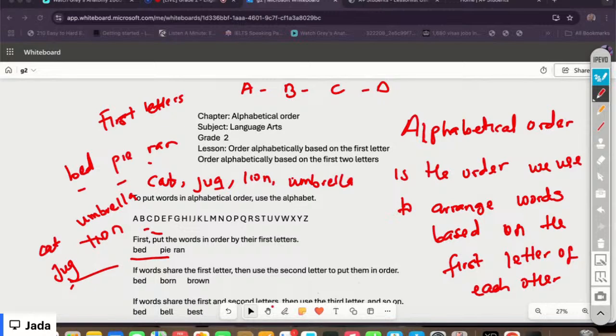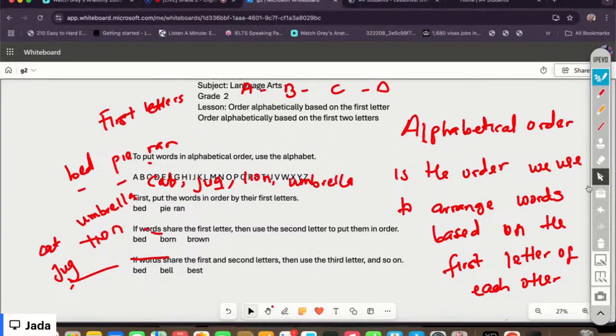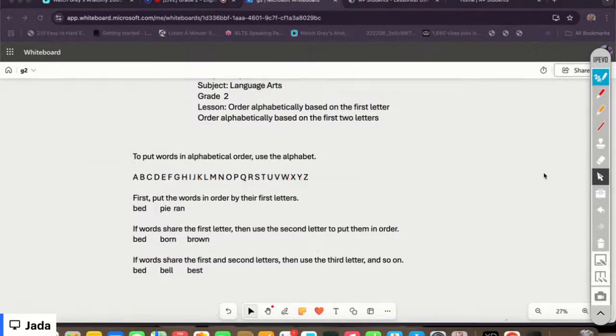The C comes before the J, before the L, and then the U. So this is it for the first letters of each word, okay?